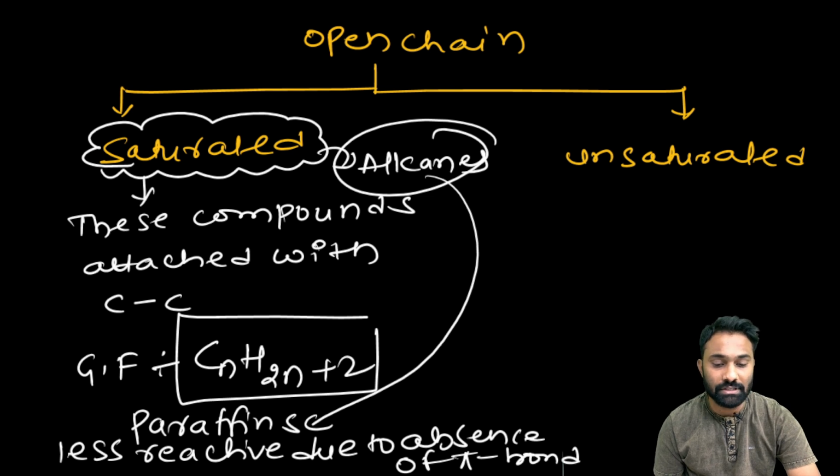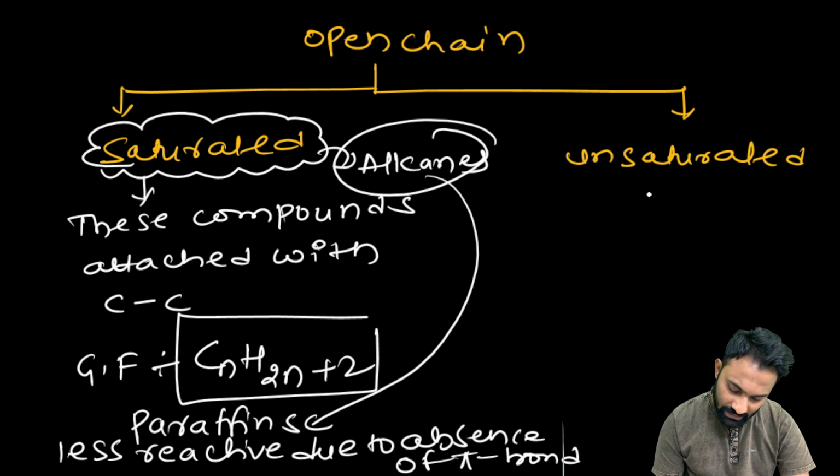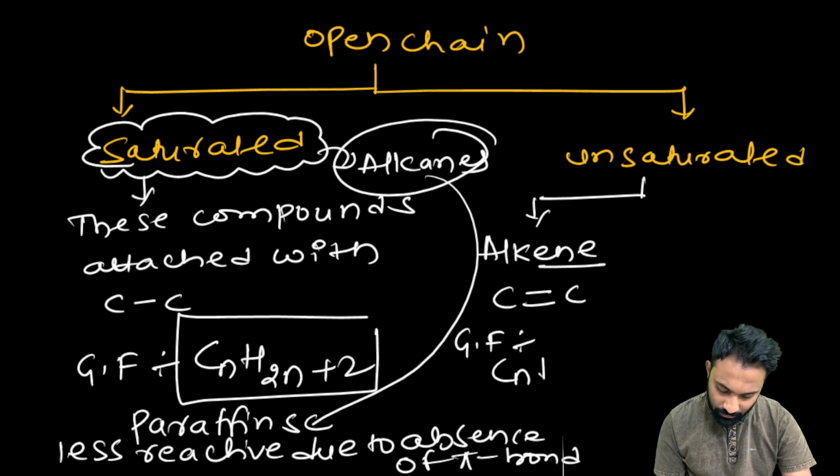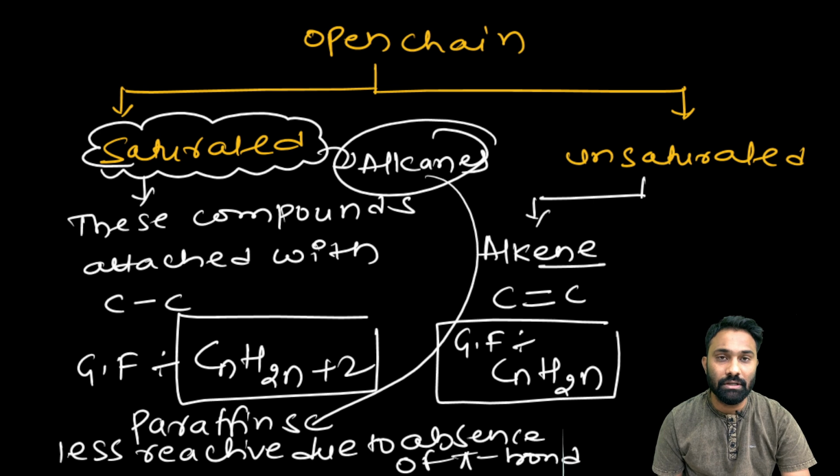Now we are going to see the unsaturated. In this unsaturated, we have the alkene. Alkene means carbon double bond carbon, connected with one sigma bond and one pi bond, and the general formula is CnH2n. Clear?